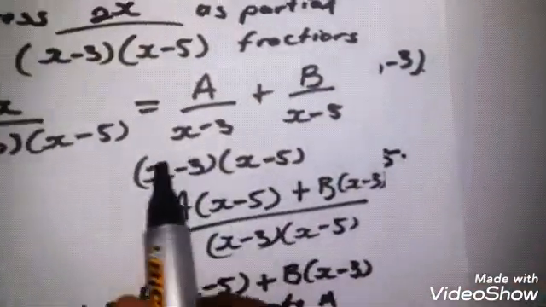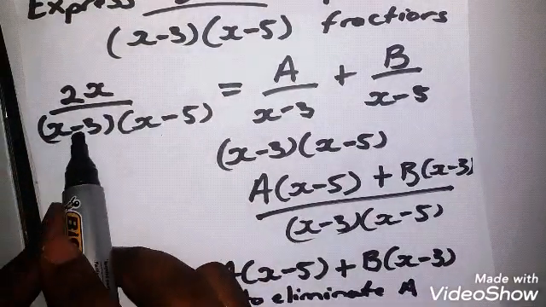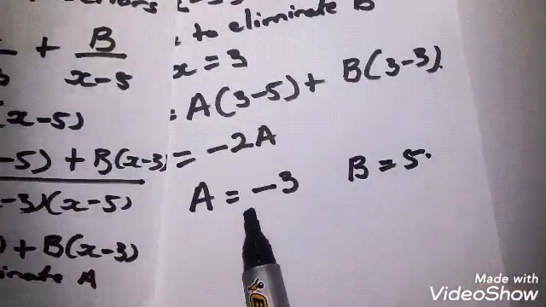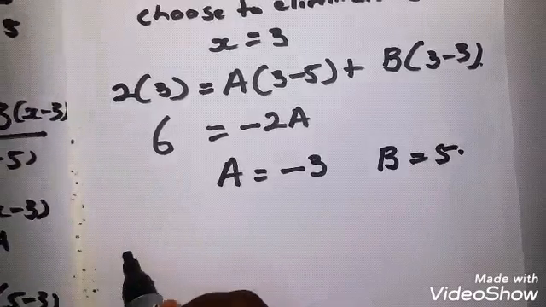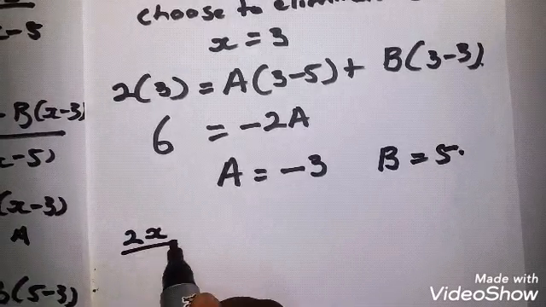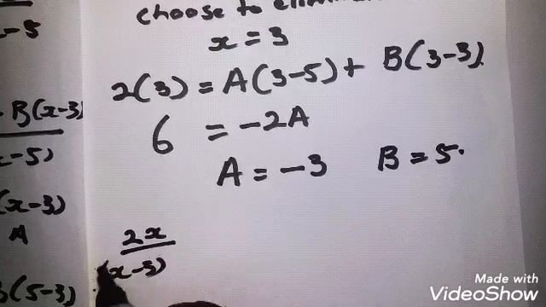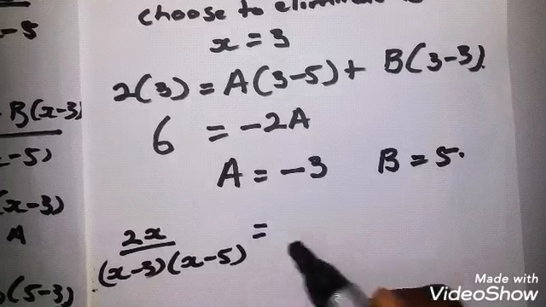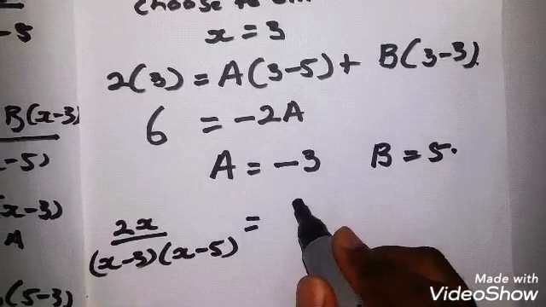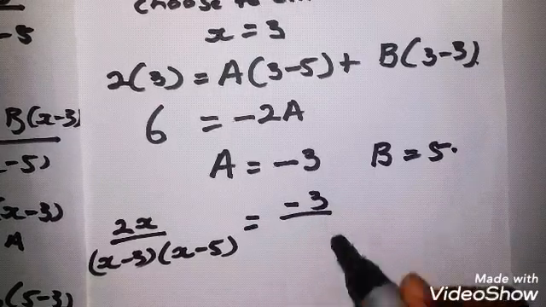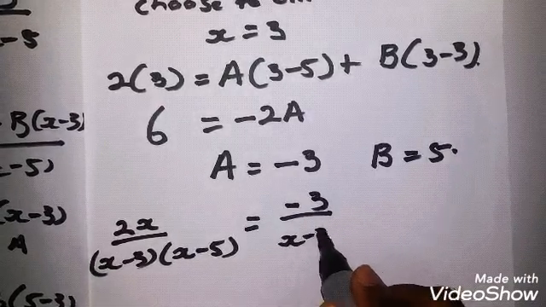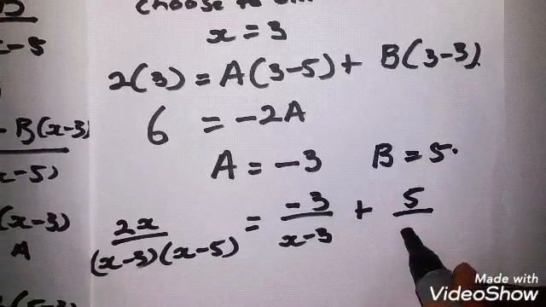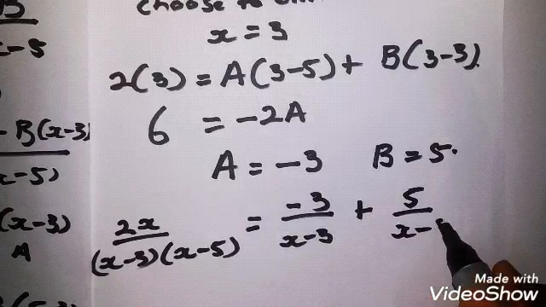So that means we can rewrite this equation. 2x over x minus 3 times x minus 5 can be written as A, which is negative 3 on x minus 3, plus B, which is 5 on x minus 5.